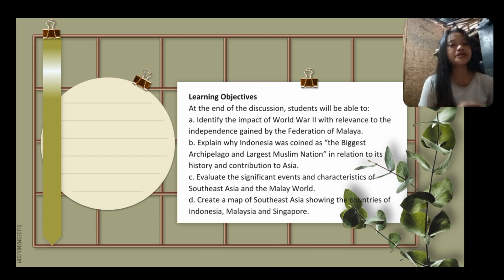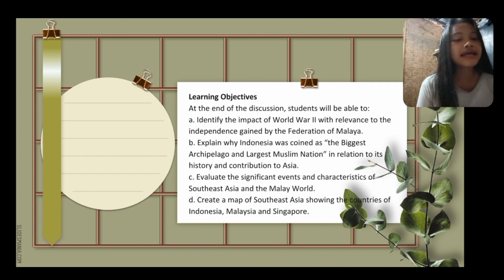So here are our learning objectives of this chapter 20. At the end of this discussion, students will be able to: A, identify the impact of World War II with relevance to the independence gained by the Federation of Malaya.